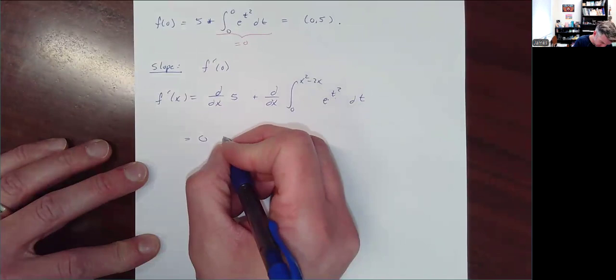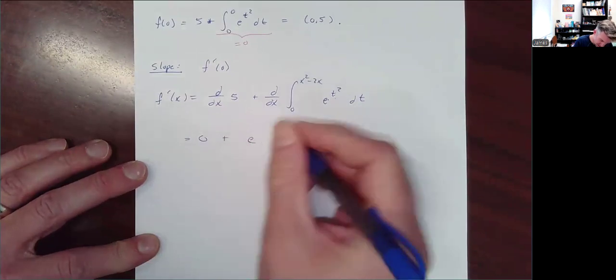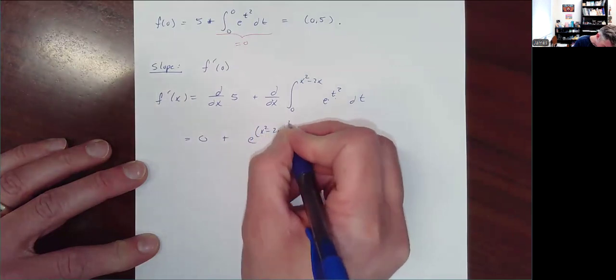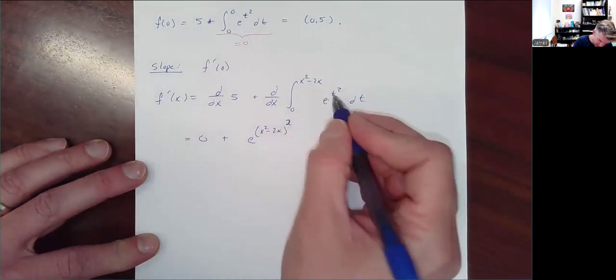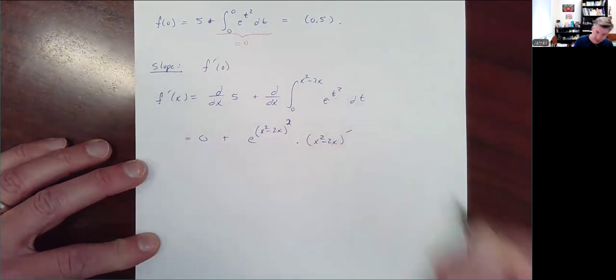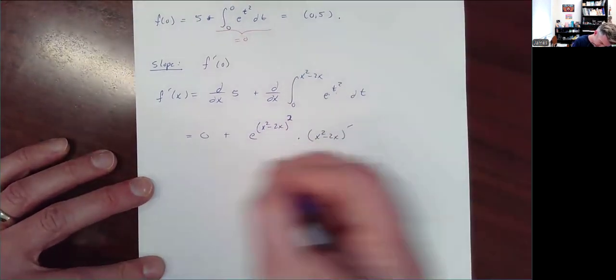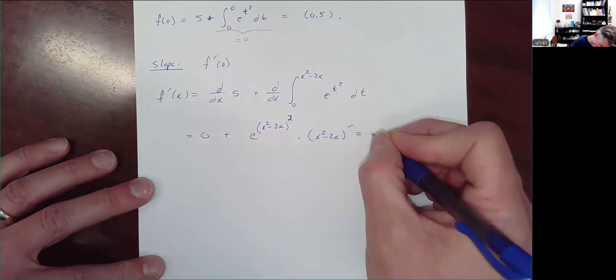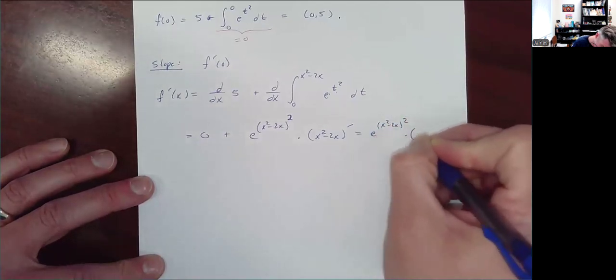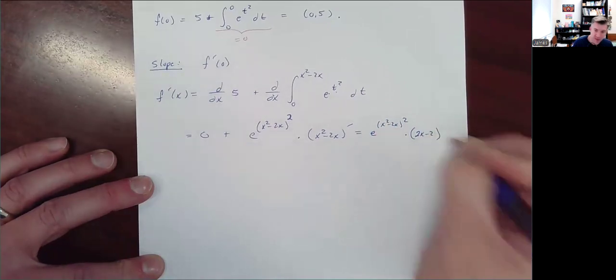So it's going to be e to the x squared minus 2x, squared, plugging that in for t, multiplied by the derivative of x squared minus 2x, which ends up being e to the x squared minus 2x, squared, times 2x minus 2.